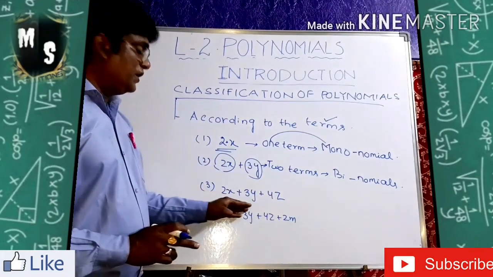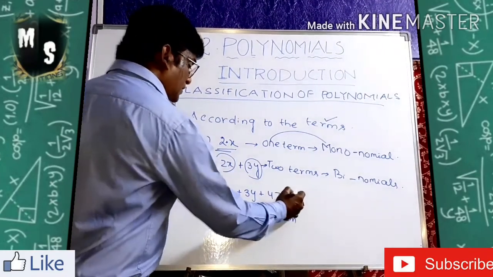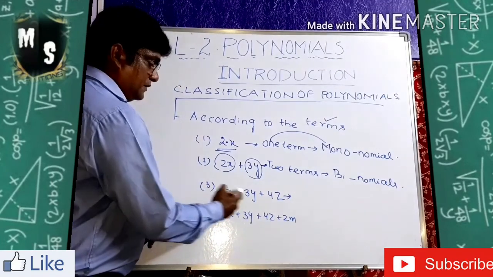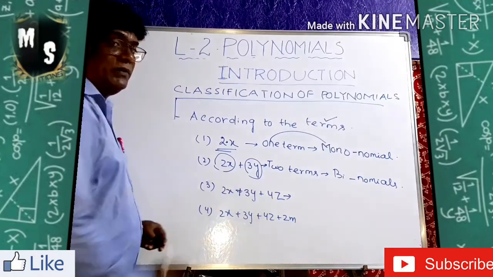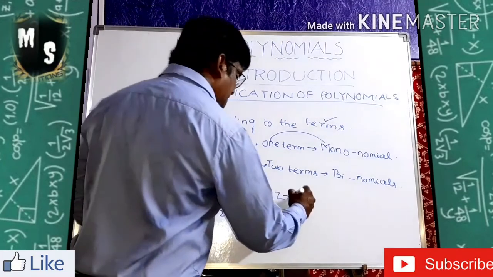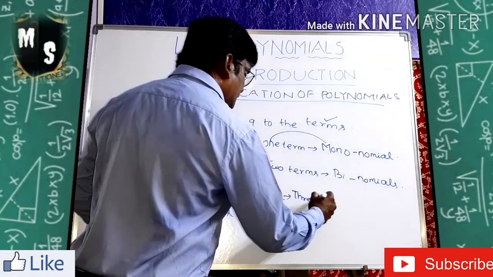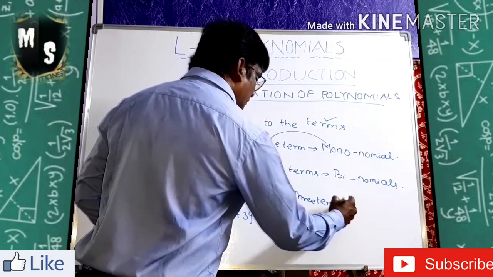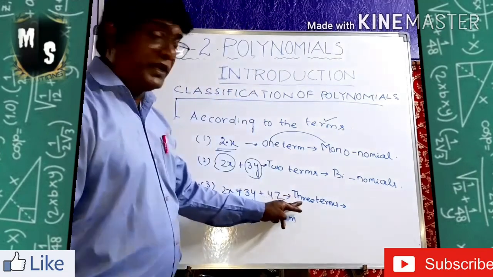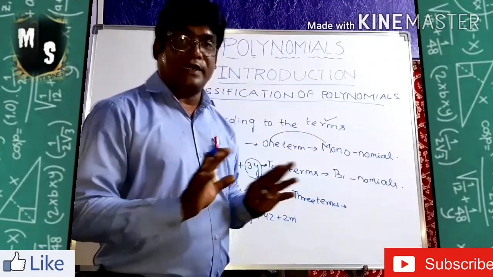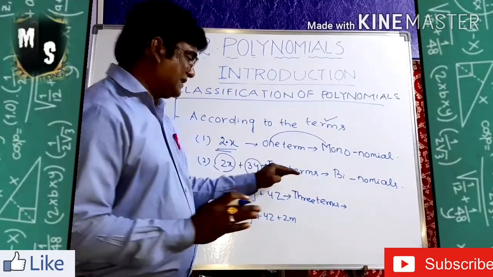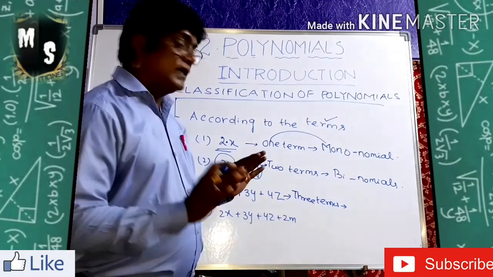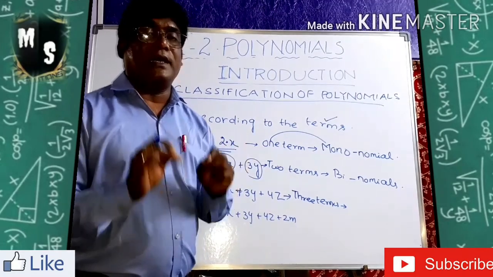See here 3 terms are there because this is the first term, this is the second term, this is my third term. So there are 3 terms available here. 3 terms when it is in the polynomial. Don't write trinomial. When the terms are exceeding 2 terms, then you can say them in a single word as poly.